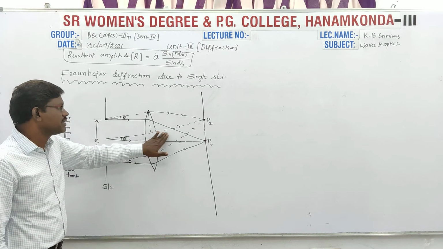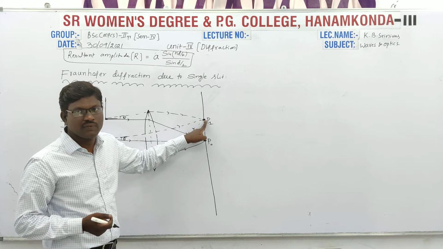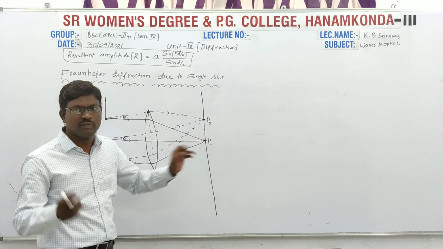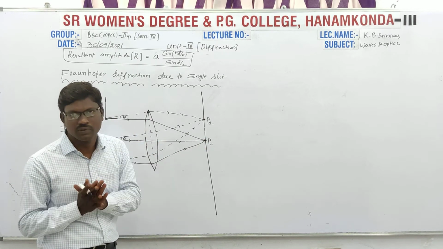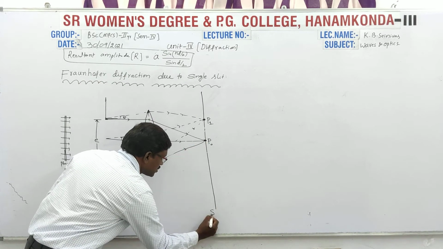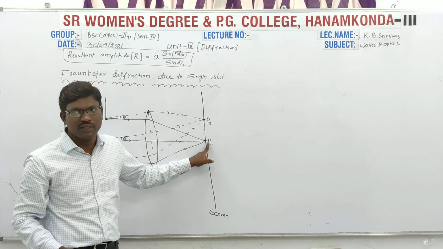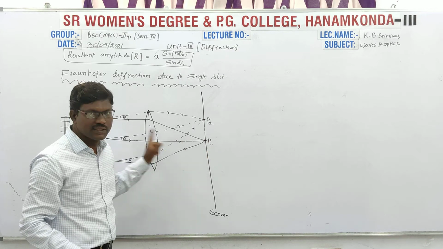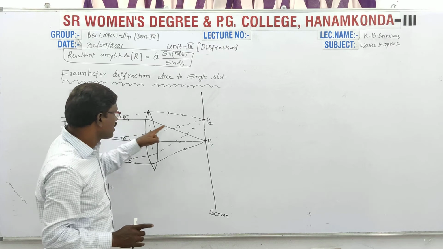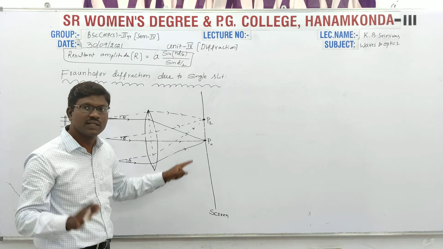I want to calculate the intensity of the diffraction image at P1. Definitely at P naught we always observe a bright fringe because this is the center point of the screen. The center point is at equal distances from the given slit, so there is no path difference between the rays approaching it.